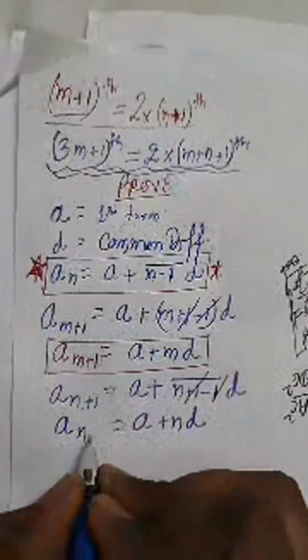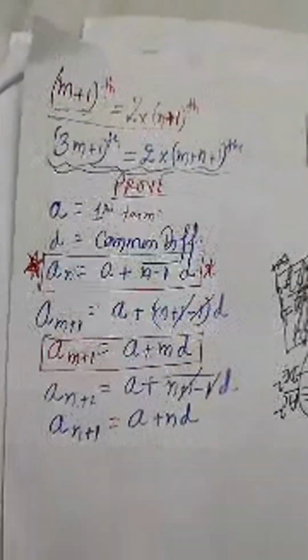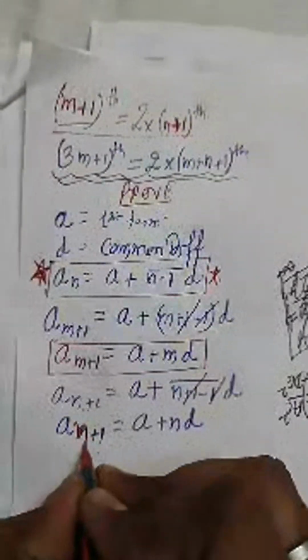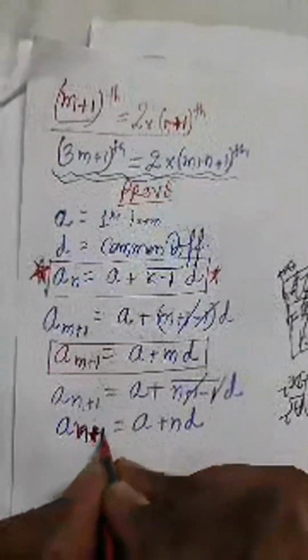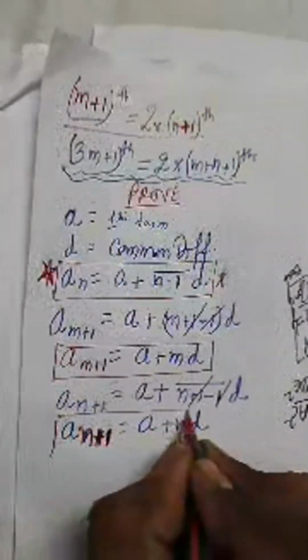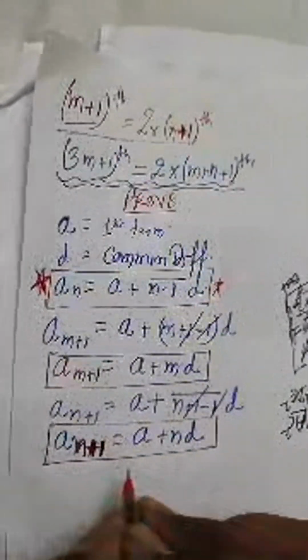So the value of n plus 1th term is A plus nd, right?